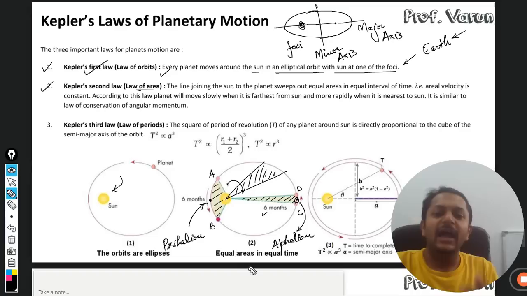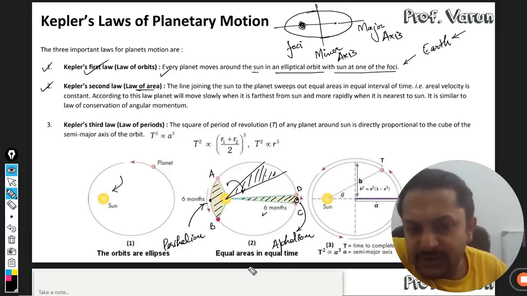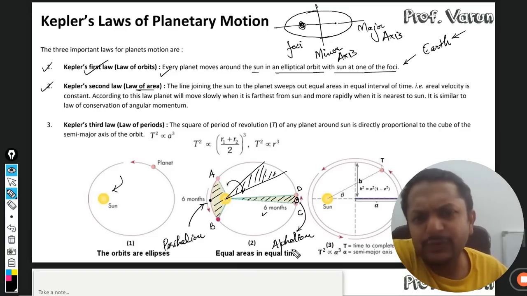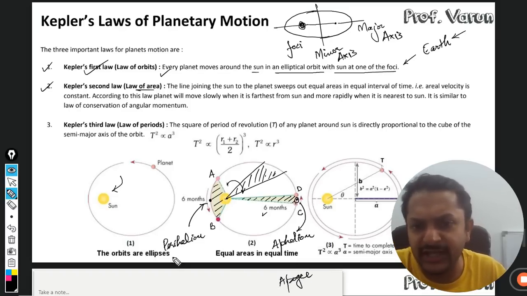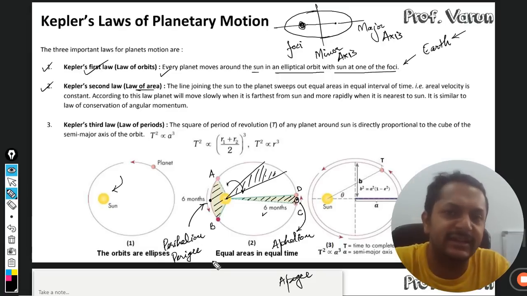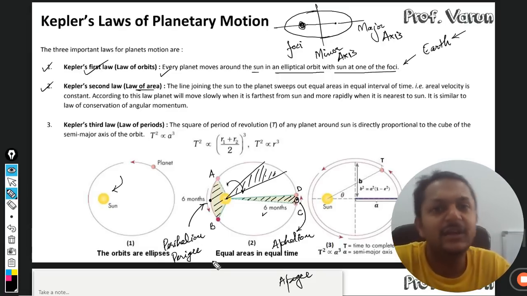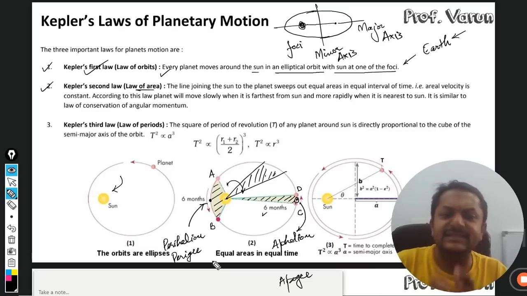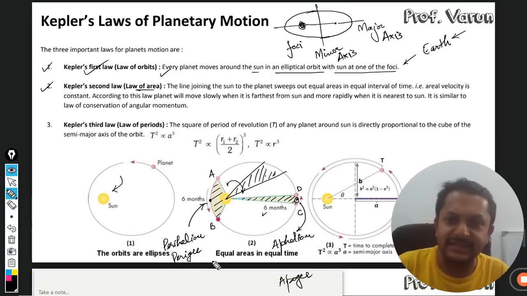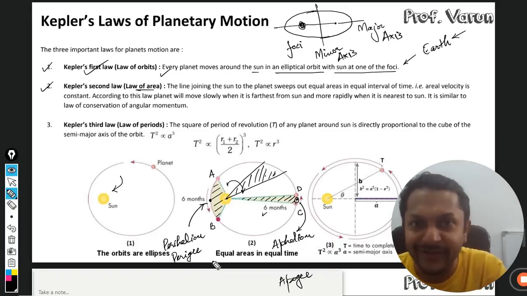Aphelion is the word. It is many times known as apogee also, and this is known as perigee, and some books are writing it as perihelion and aphelion. Accordingly, you can take the terms. This is the law for the velocity. So this is Kepler's law of area.